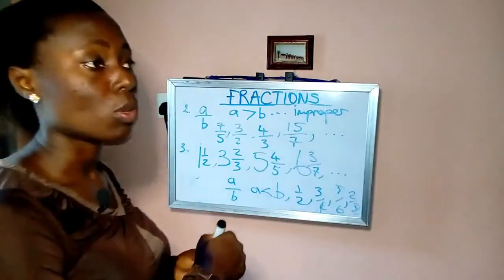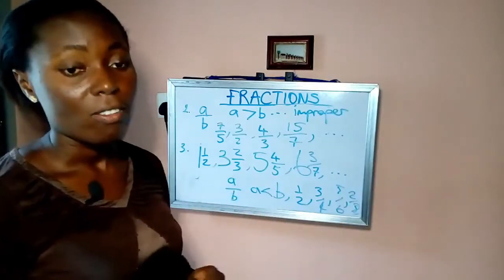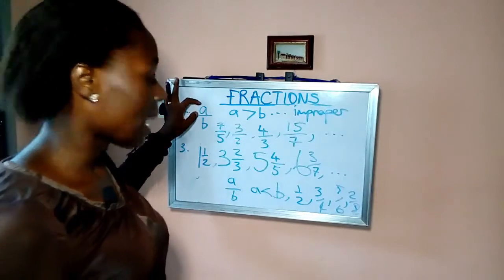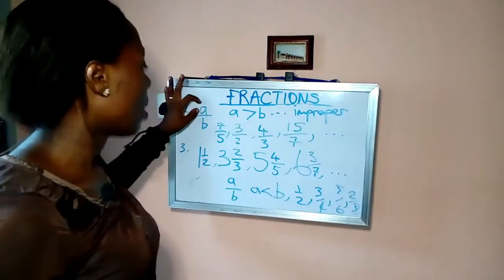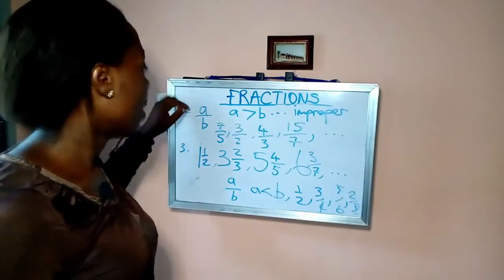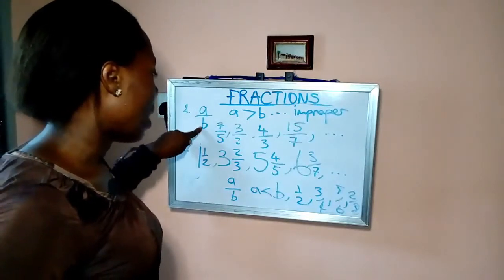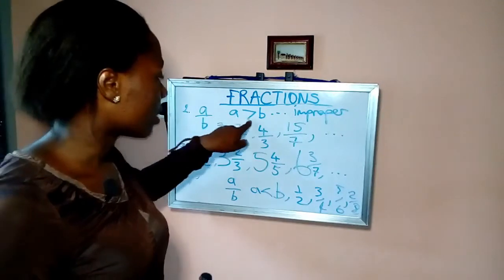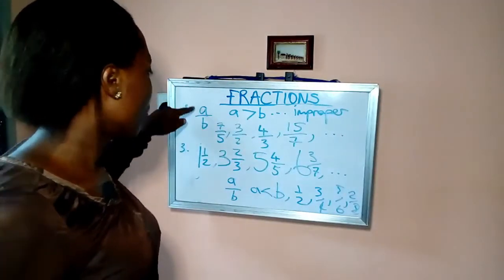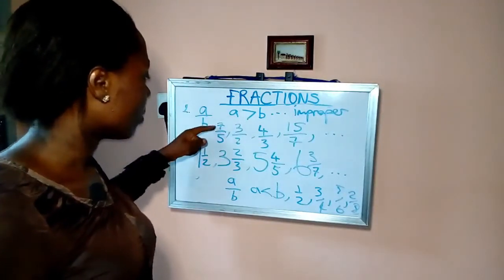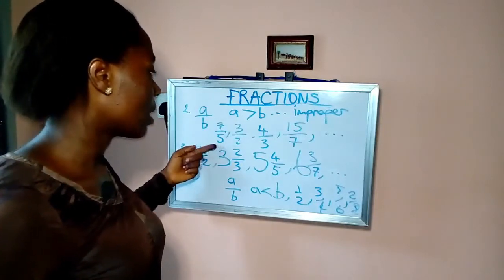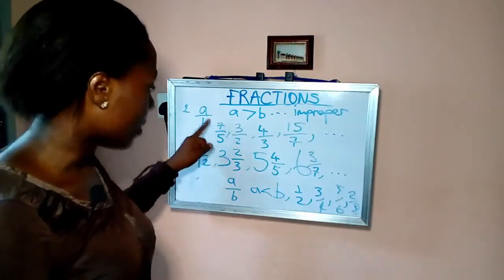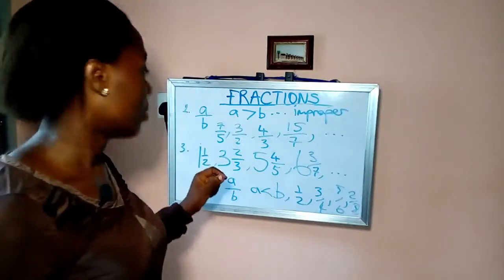Those are called your proper fractions. Improper fractions only occur when our a, the numerator, is greater than the denominator, that is a greater than b. For example, 7 over 5: 5 is smaller than 7, so it's an improper fraction.